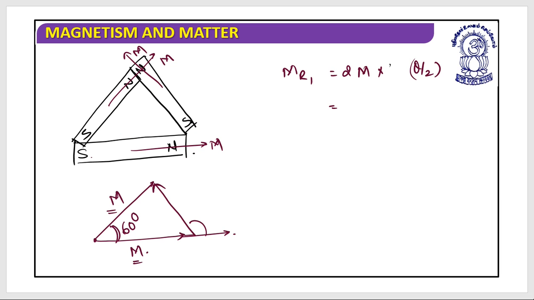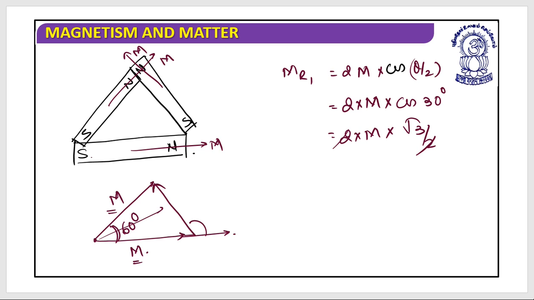So this is 2 multiplied by M into cos of 60 by 2, which is cos of 30 degrees, which is root 3 by 2. So it's root 3 M, and the resultant would be in this direction.